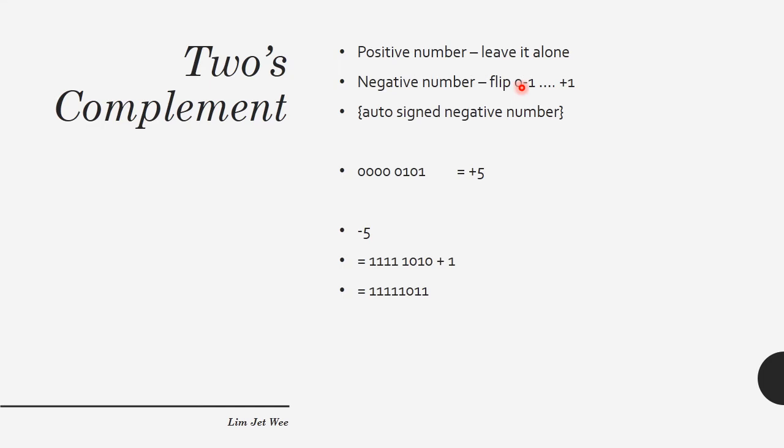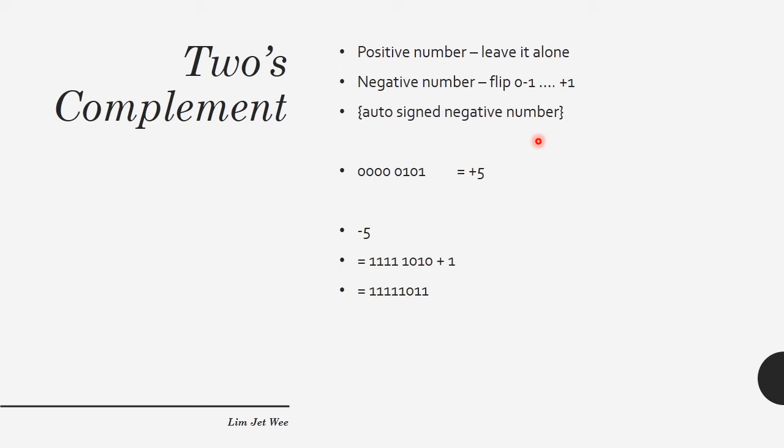Then to the answer, you add another one. What you will have is an auto sign, you don't have to put any sign to it, it will automatically be signed as a negative number. Very different from your sign bit.